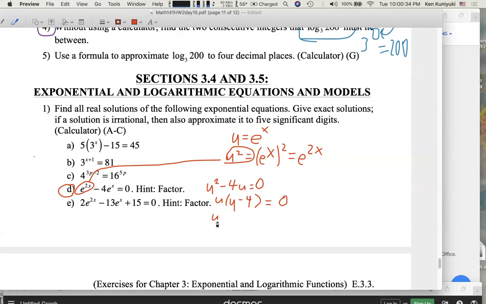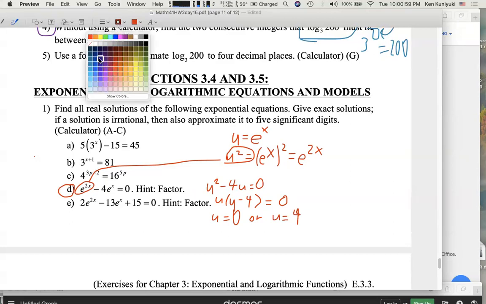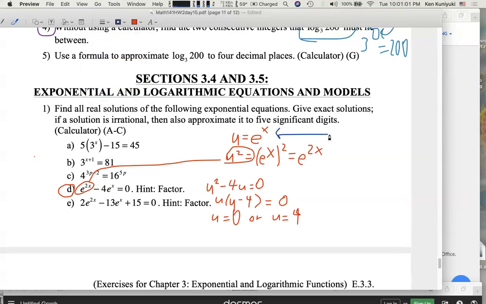U equals 0 or u equals 4. Oh, am I done? These look so nice. Am I done? No. Sub back.